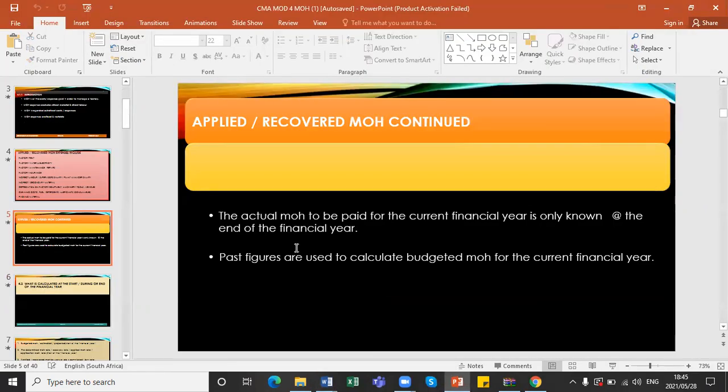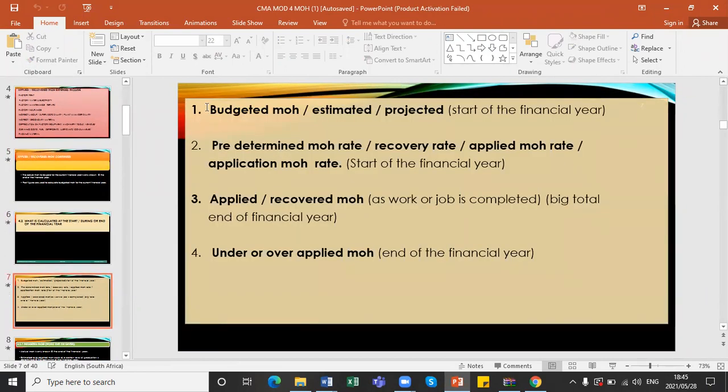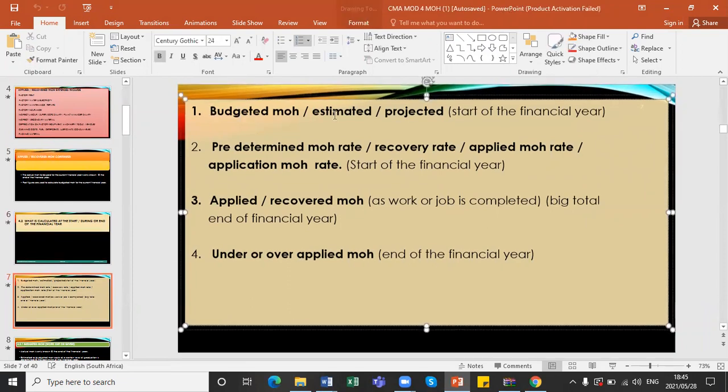First things first. There are certain things that, like I said, are calculated at the start, during, or the end of the financial year. These are the four things. Your budgeted overheads is calculated at the start. Your predetermined rate, also known as your recovery rate, applied MOH rate, or application MOH rate, is normally calculated at the start of the financial year.